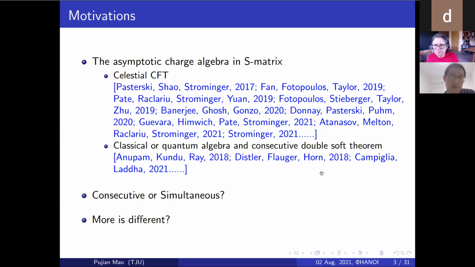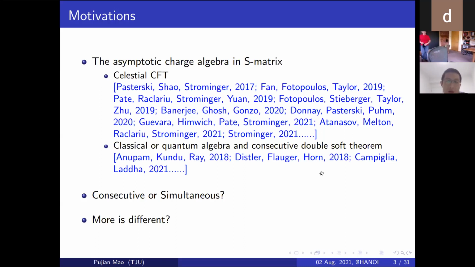So the point is how we can check this charge algebra in asymptotics. There are several perspectives. One is from the celestial sphere. I think we have already learned a lot from previous talks, so I'm in a good position to show a different perspective.